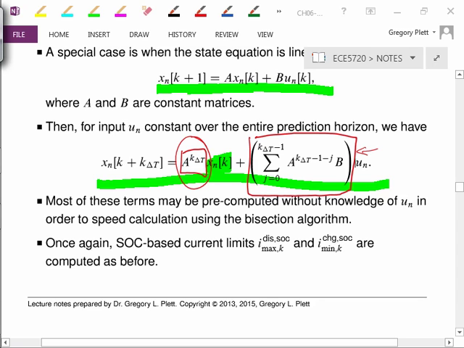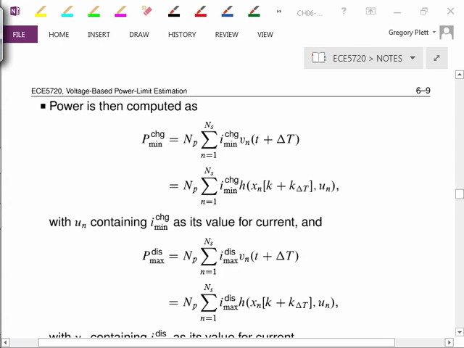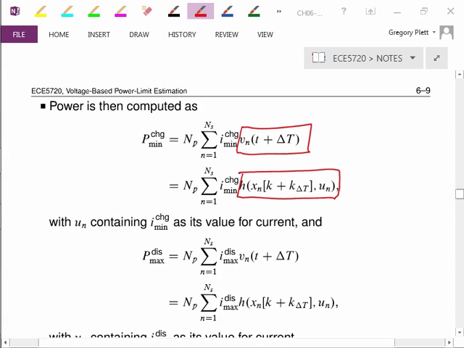The state of charge-based current limits are computed exactly as they were for the HPPC method, and we can compute power then as we did for the HPPC method, except when we saw this before and we said it was approximately equal to OCV minus IR, now we substitute in the much more exact calculation based on the full cell model, which is based on the present state, which may not be in equilibrium, and this more accurate prediction of the future.